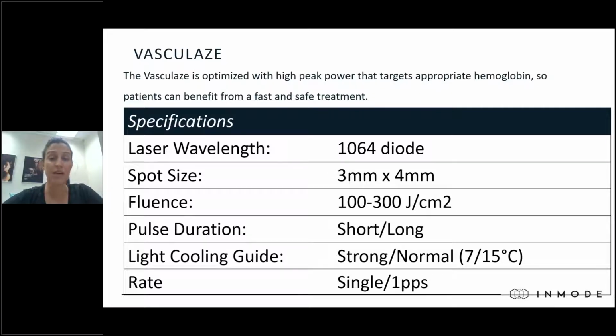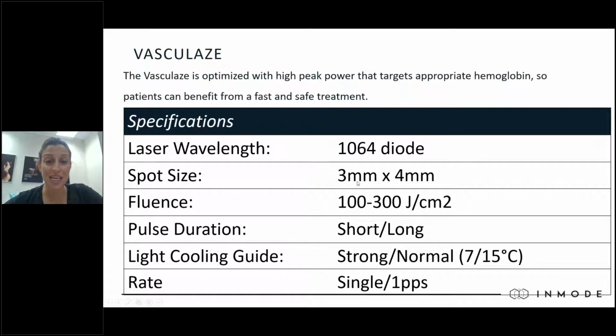This time we're aiming for absorption in hemoglobin because we're treating blood vessels. The 1064 does penetrate much deeper than shorter wavelengths like 515 that we're using in Lumeka, but it is absorbed much less, and therefore we need relatively high peak power to overcome that obstacle.